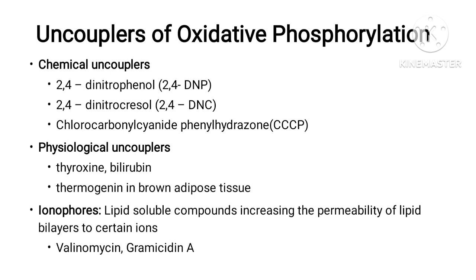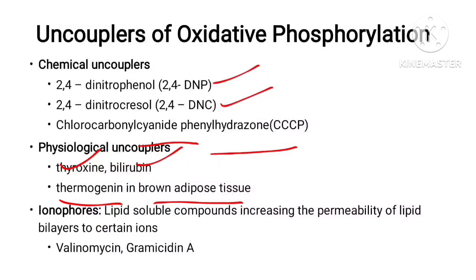These are some examples of uncouplers. The chemical uncouplers include 2,4-dinitrophenol, 2,4-dinitrocresol, chlorocarbonyl cyanide phenylhydrazone, and there are some physiological uncouplers which already exist in the body, like thyroxine, bilirubin, and thermogenin in the brown adipose tissue. Thermogenin is a specific protein mostly found in brown adipose tissue.